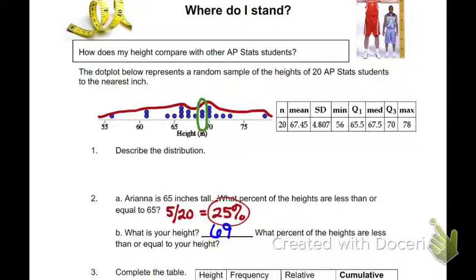I have to count them both and everything below it. So 1, 2, 3, 4, 5, 6, 7. Oh, hold on, I lost my count. 5, 6, 7, 8, 9, 10, 11, 12. Looks like 13 out of 20. What would that percent be? 13 out of 20. You said 65%? Absolutely.